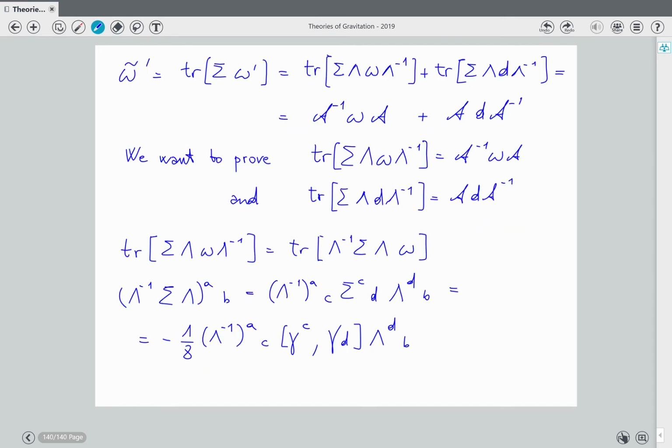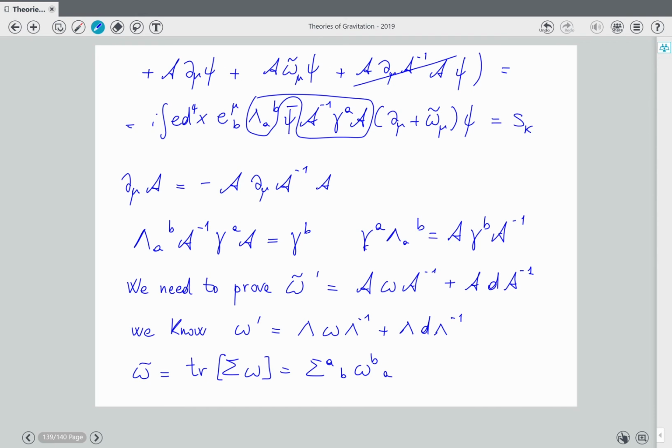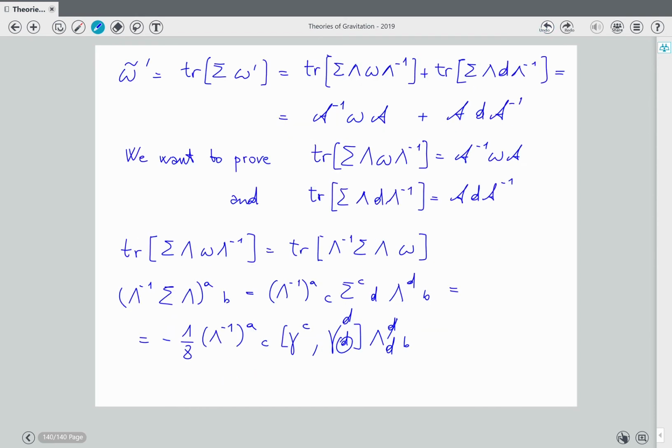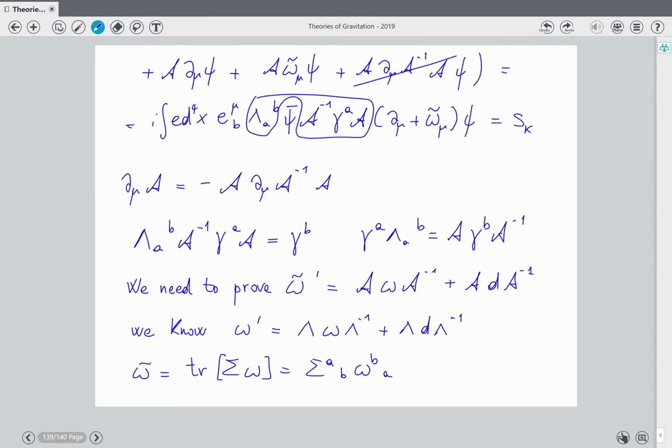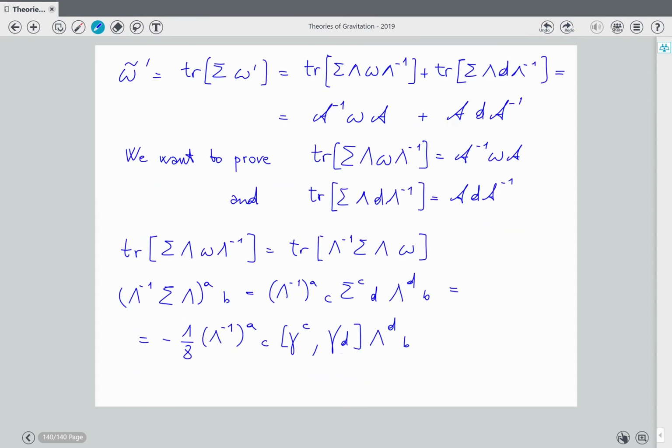Here the index is lowered, but if you want, you can raise it. Then you lower this and you raise that. You have precisely this formula, which means that then you have to lower the index on the right-hand side. And the same thing here.